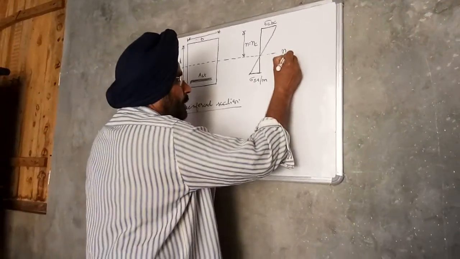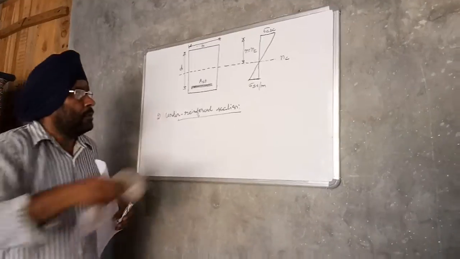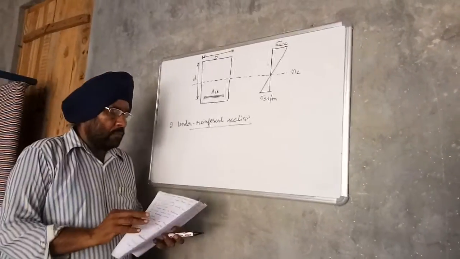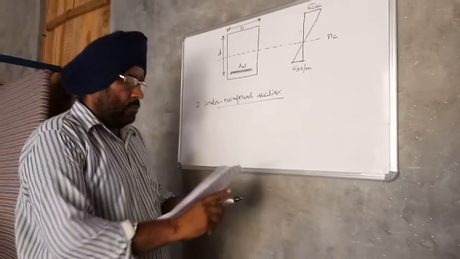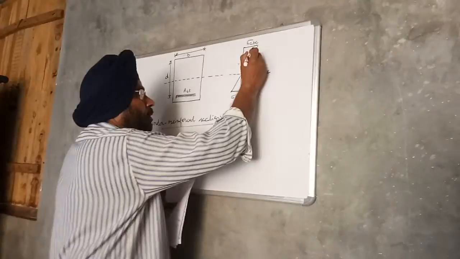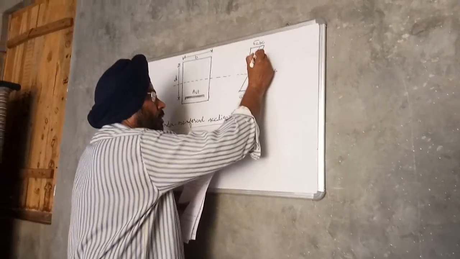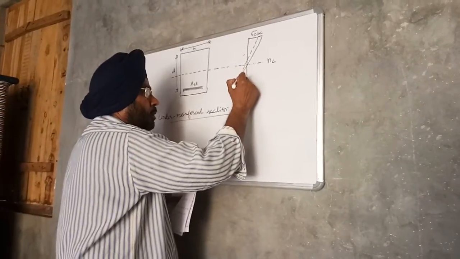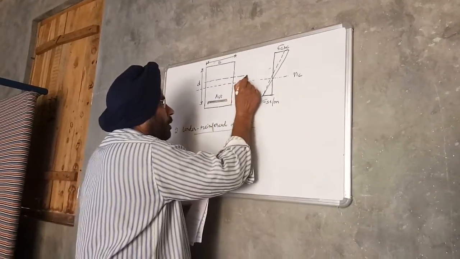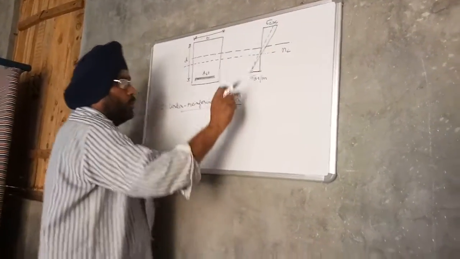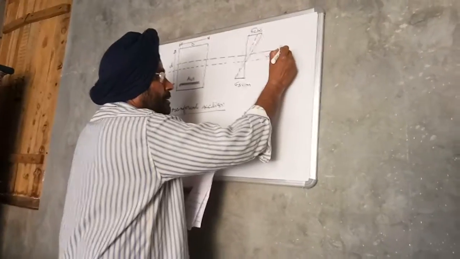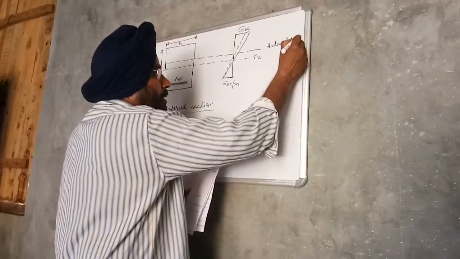This is the critical neutral axis. NC means critical neutral axis, and this is the actual neutral axis.